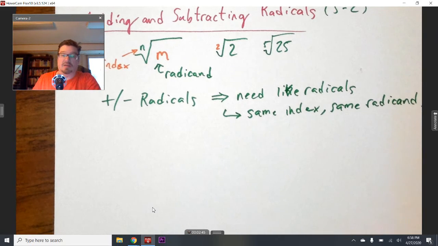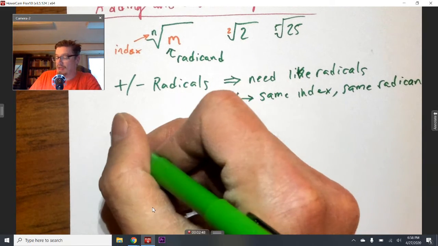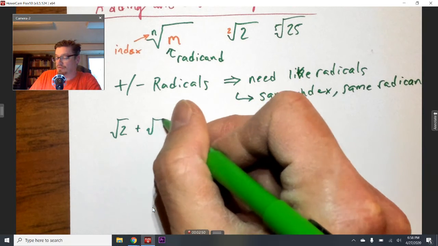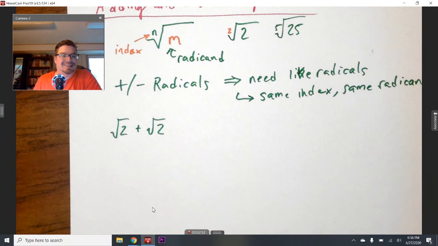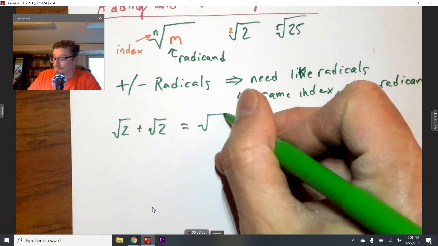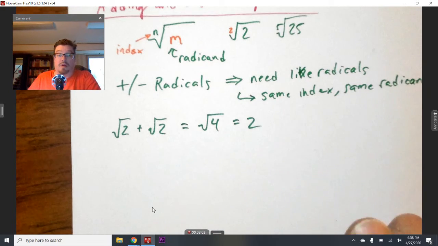Now let's take a little baby step here. If I have radical 2 plus radical 2, your first instinct is to say the square root of 2 plus the square root of 2 is the square root of 4, and therefore it must equal 2. Go ahead, do it in your calculator.